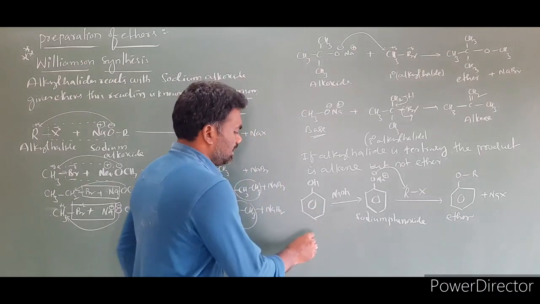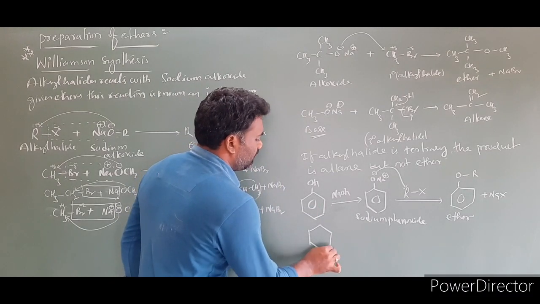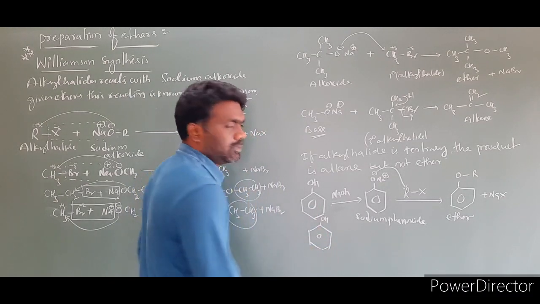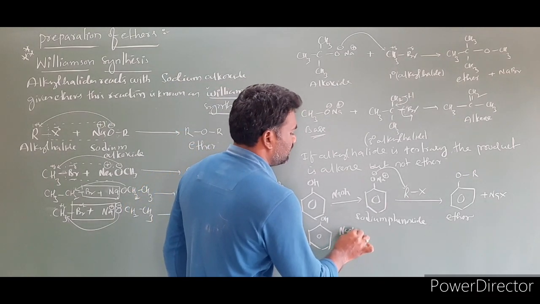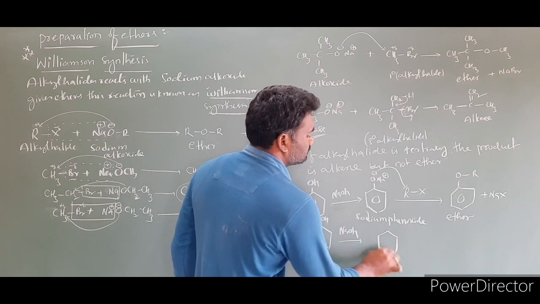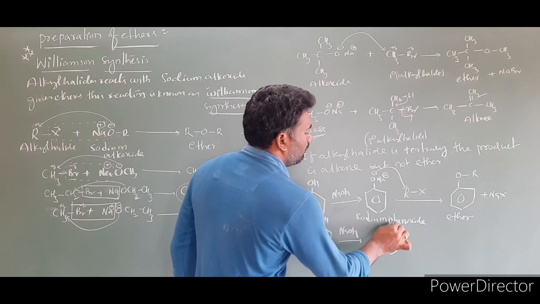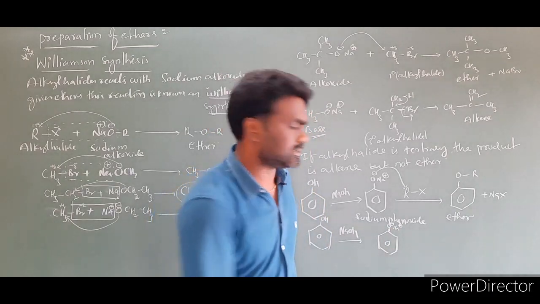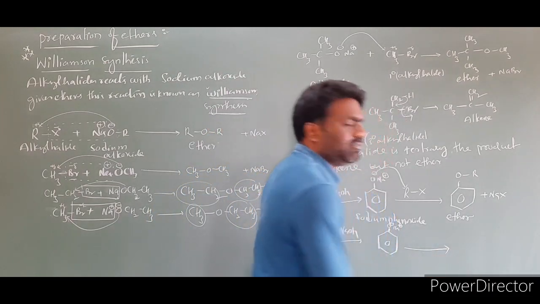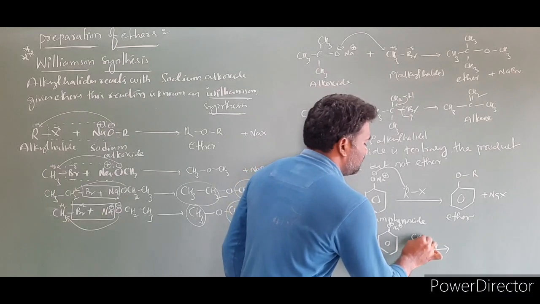I will take one general example. I am taking a phenol OH group upon the benzene ring. This one I am treating with sodium hydroxide. Then the product is O minus Na plus. This one I am treating with CH3Br.